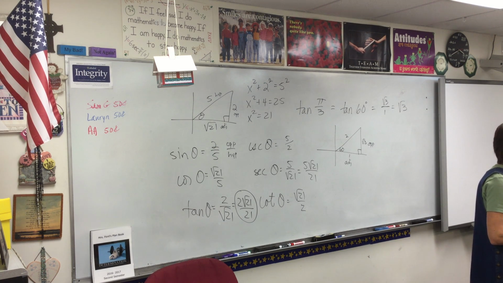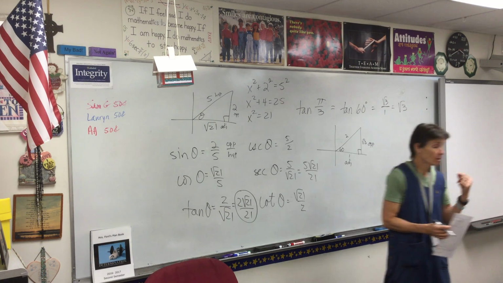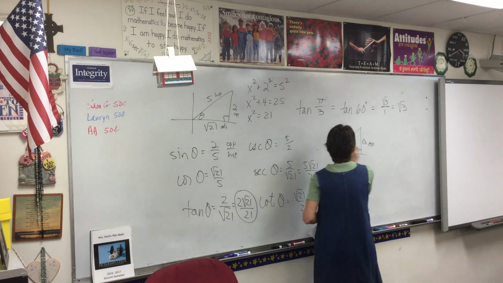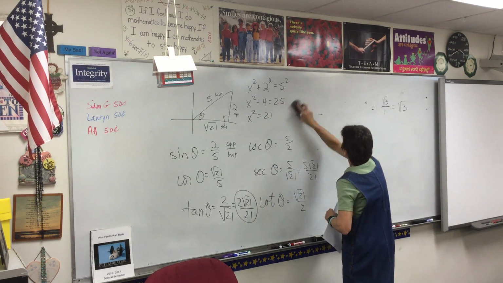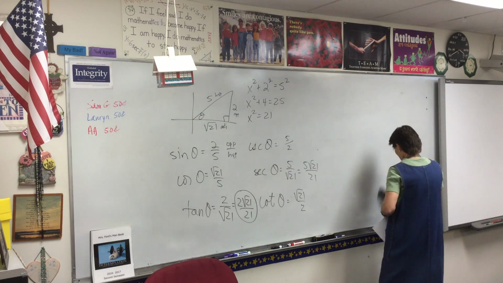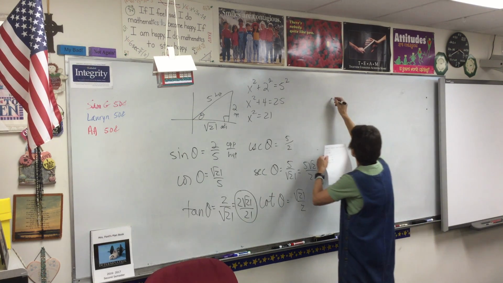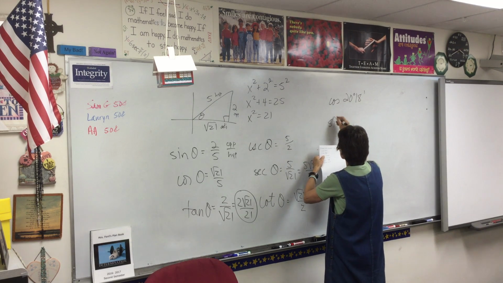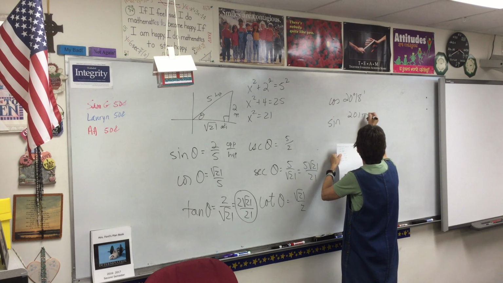Define tangent. Opposite over adjacent, or what's the other one? Y over x. Tangent is y over x. Okay. Do you have to put both of those on? No, not unless it says with the ones both.